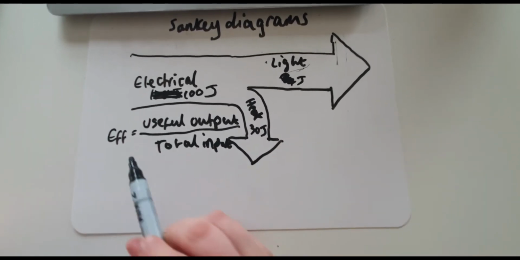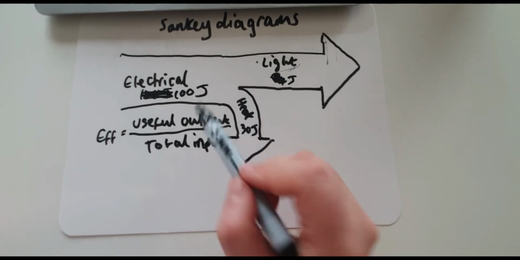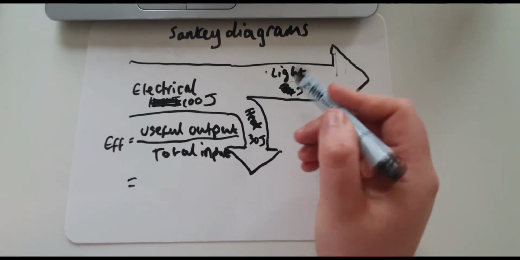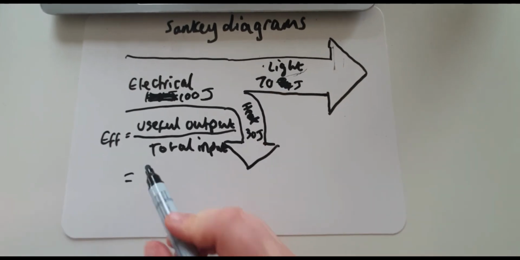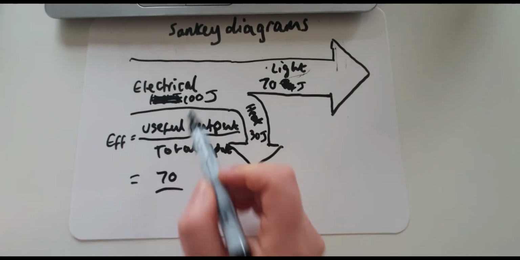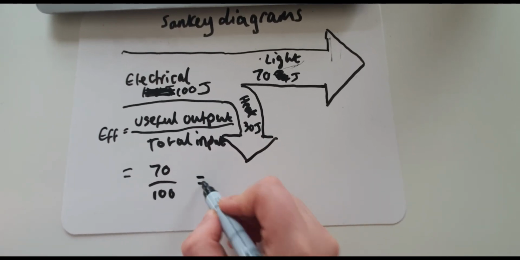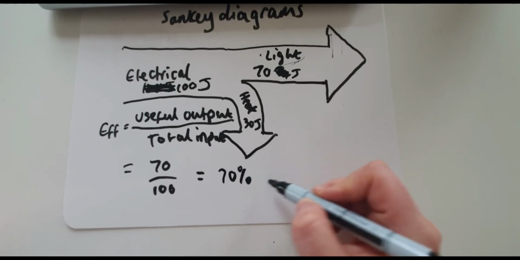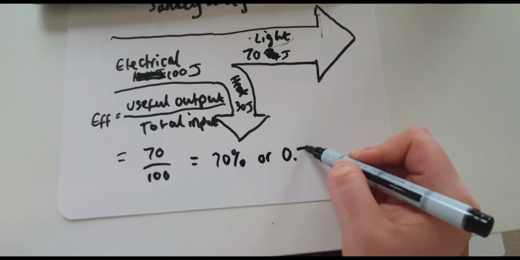So in this case, the efficiency of this light bulb that I've just made up is going to be, what's my useful output? That was 70 joules. So 70 over how much have I put in total? 100. What's 70 over 100? That is 70% or 0.7.